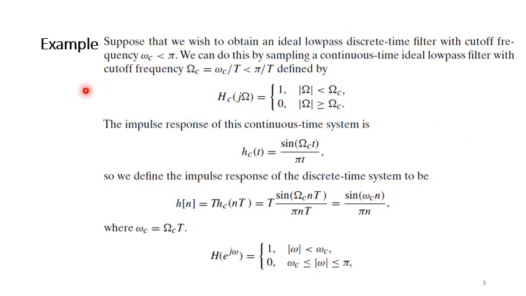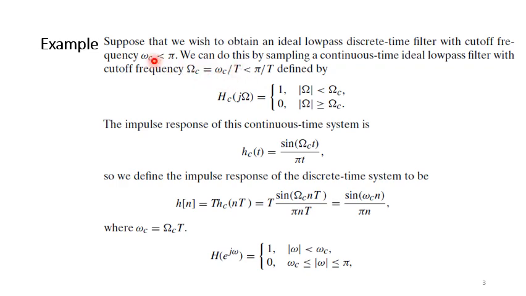So let's consider an example. The information provided is that we have an ideal low pass discrete time filter, with cutoff frequency omega c, which is less than pi. We can obtain it by sampling a continuous time ideal low pass filter with a cutoff frequency of omega c by T. That's also the relationship between the continuous time frequency and the discrete time frequency of the system.